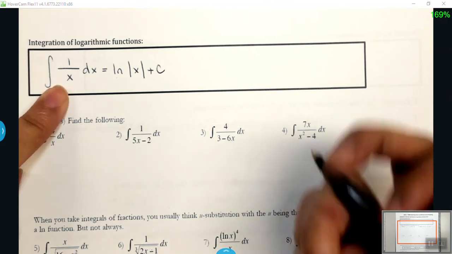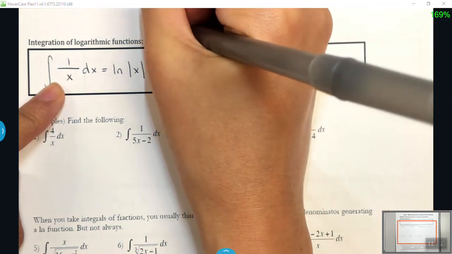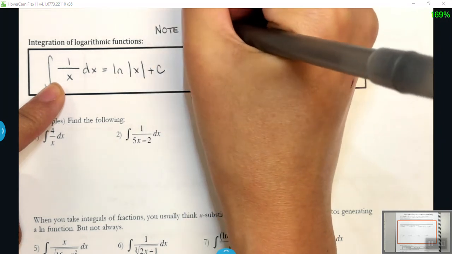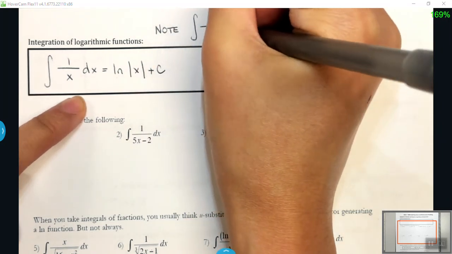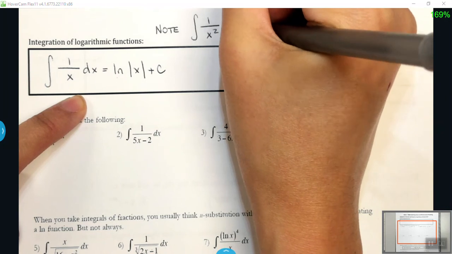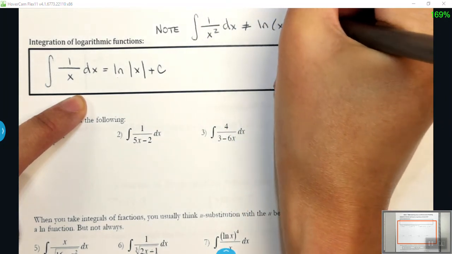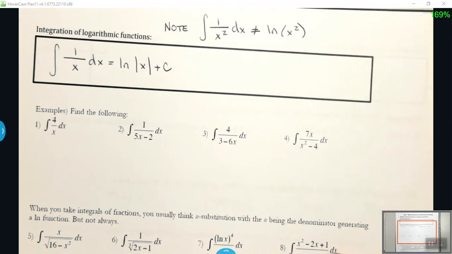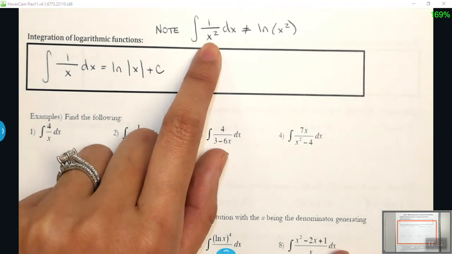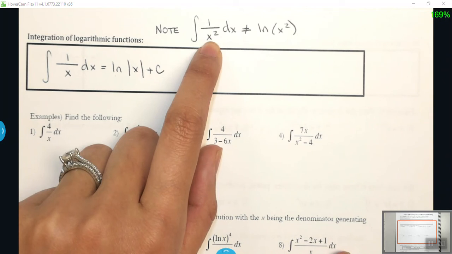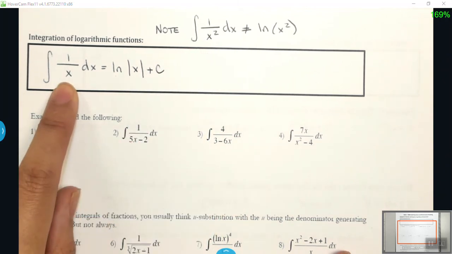Now, make a little note that the integral of 1 over x squared is not natural log of x squared. Okay, don't do that, because you use your normal exponent rules for anything other than a denominator to the first power.